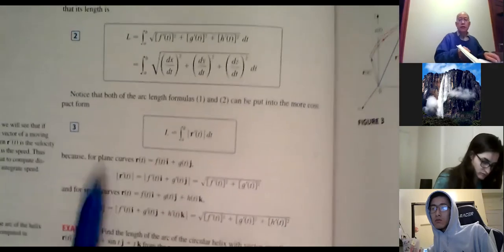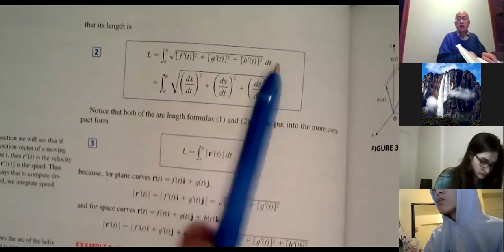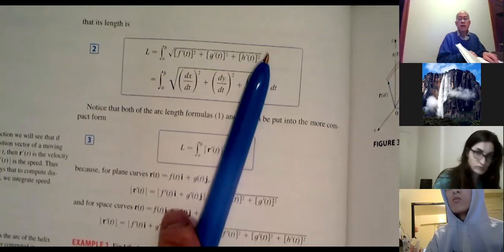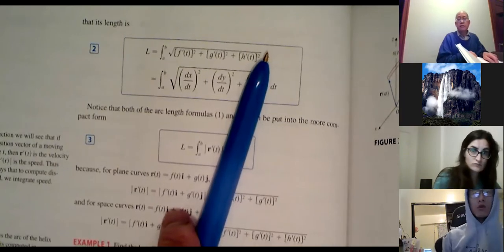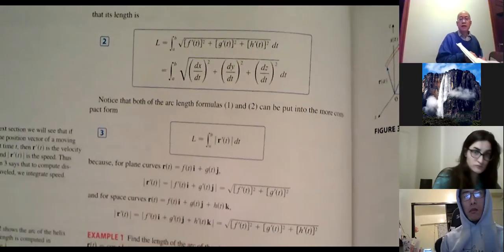Page 862, arc length in 3D. Here it is. Put this on your next cheat sheet. You can have either this one or this one. I think this one's a little bit cleaner. You saw this in Calc 2: square root of dx dt squared plus dy dt squared, dt. Just add the z component: dz dt squared, dt.